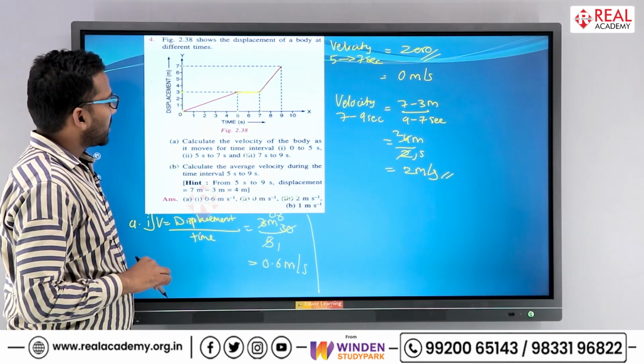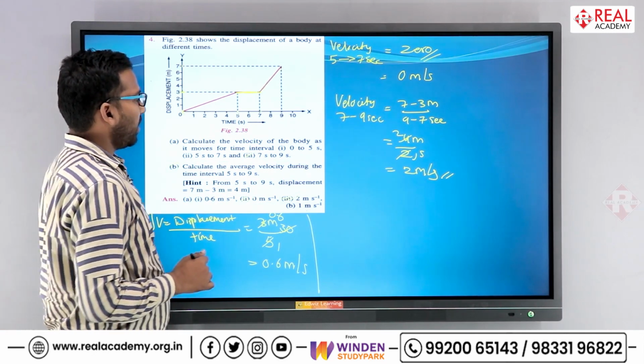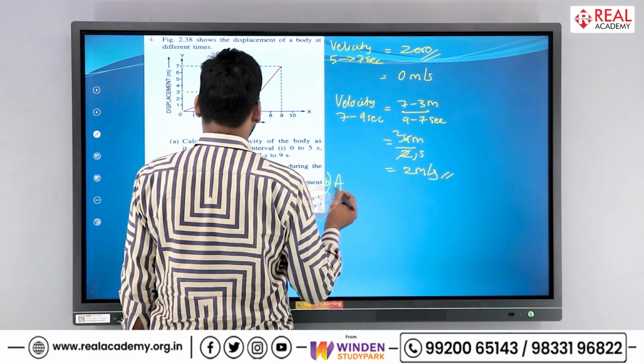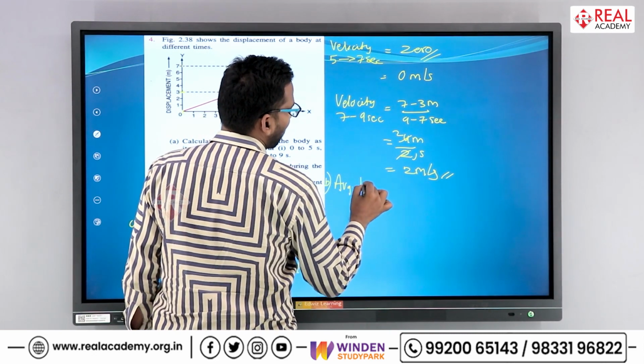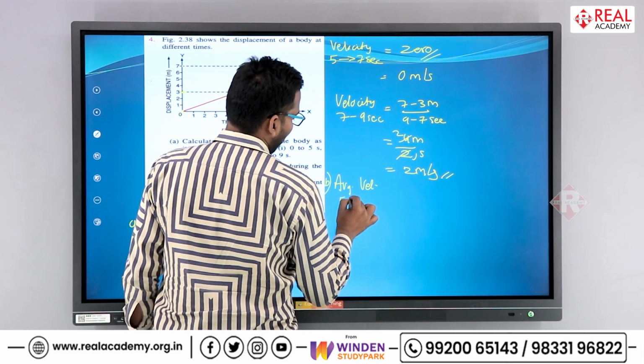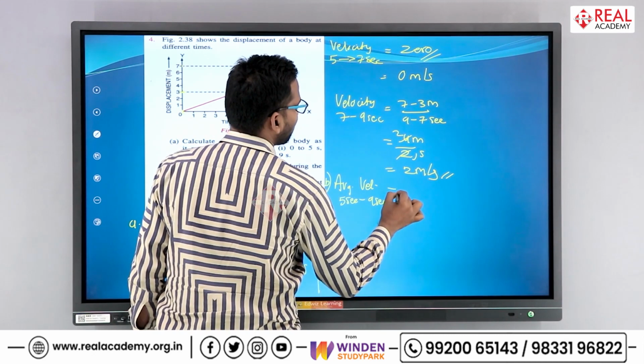B part, it is saying to calculate the average velocity during the time interval 5 seconds to 9 seconds.